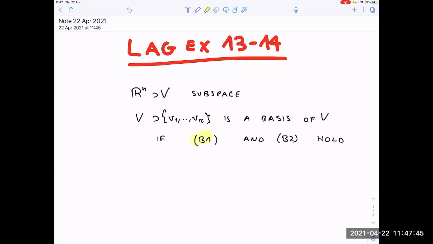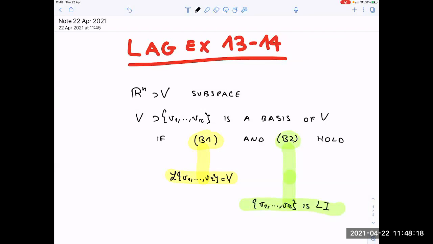And just as a reminder for us, what does it mean, property B1 and property B2? Well, it is our convention to say that B1 says that the vectors generate V, the subspace V, so the linear span of v1, ..., vr is actually V, and that these vectors form a linearly independent set.